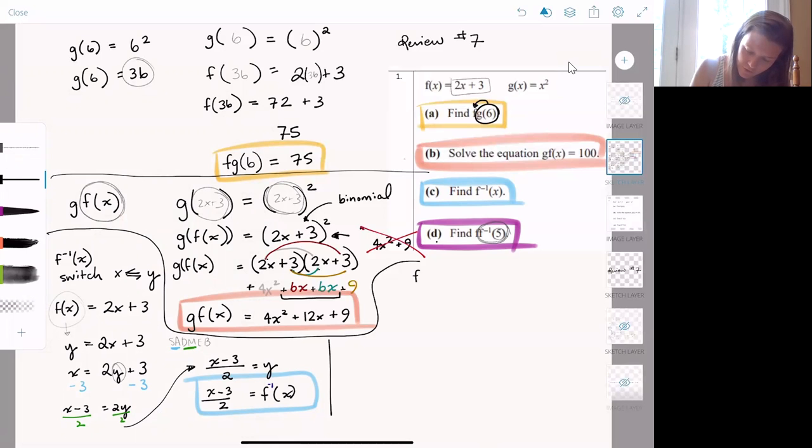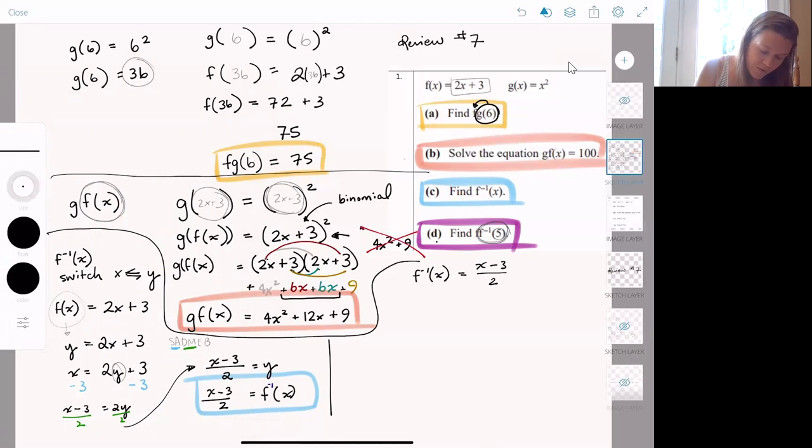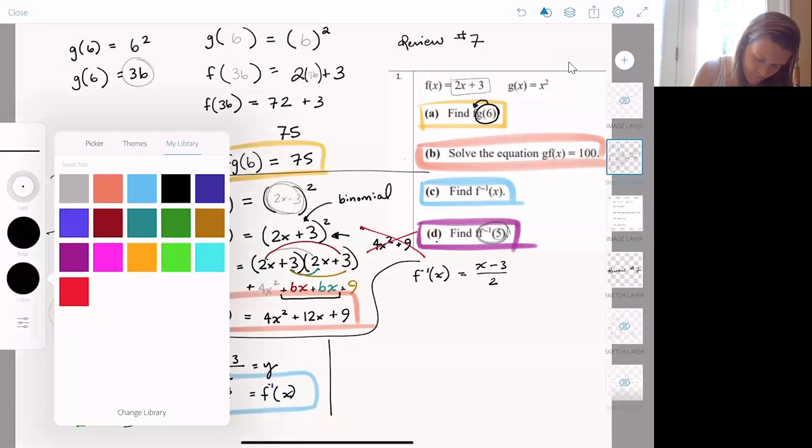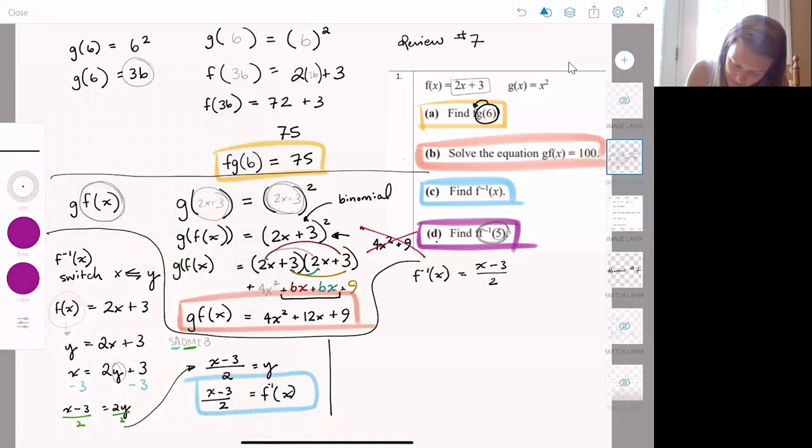We've got our inverse function of x. But we're going to be replacing this x with 5. And simplify.